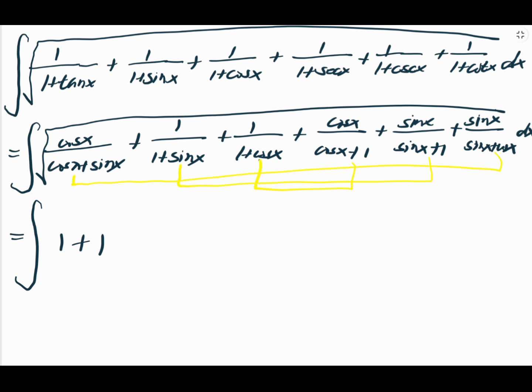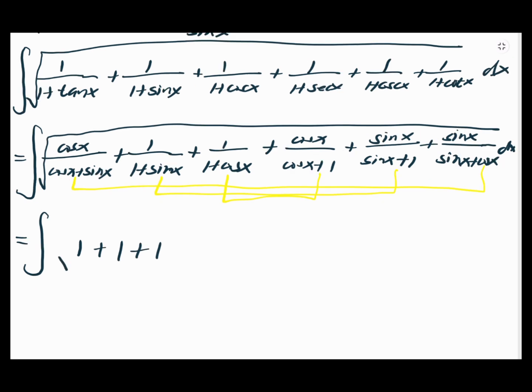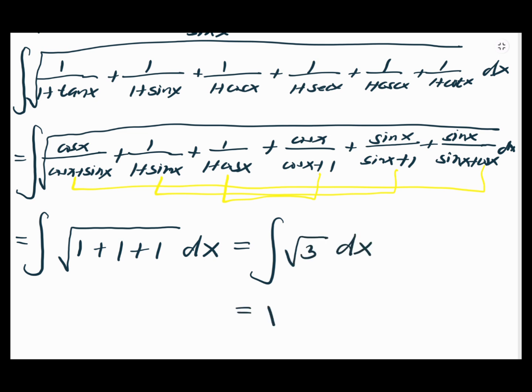So you have 1 plus 1 plus 1. Actually, the sum of these trigonometric expressions is equal to 3. So we have the integral of the root of 3 dx. Integrating, we have the square root of 3 times x plus c.